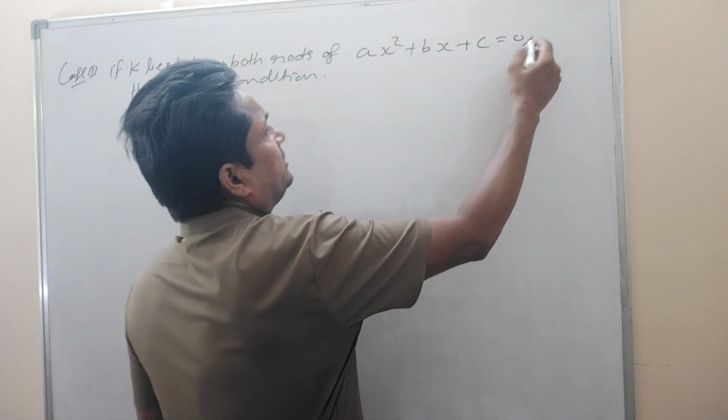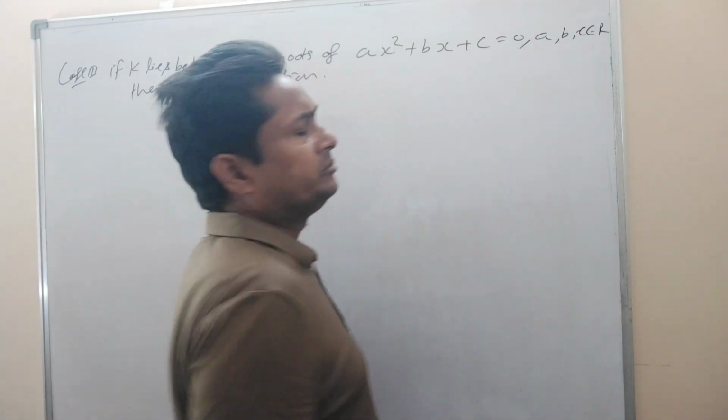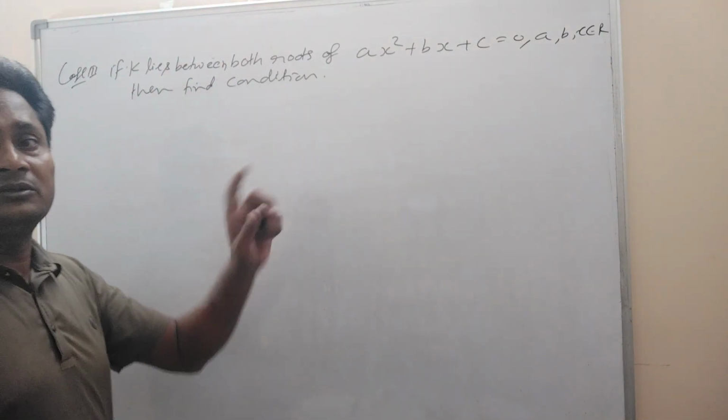A, B, C belong to real numbers. K is also a real number.